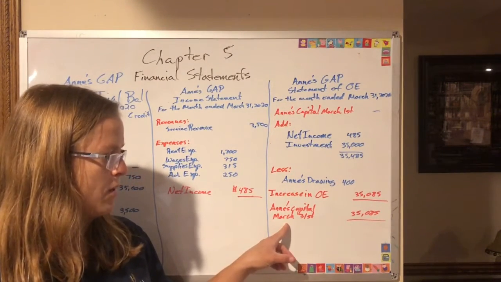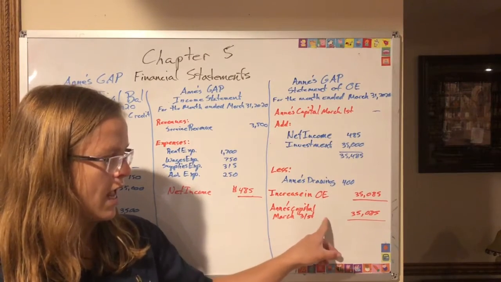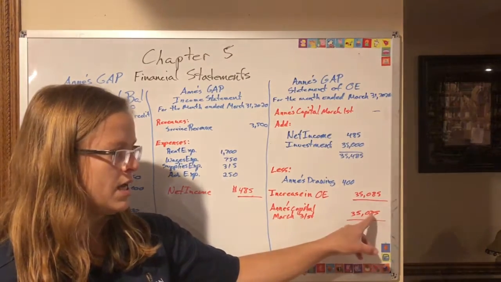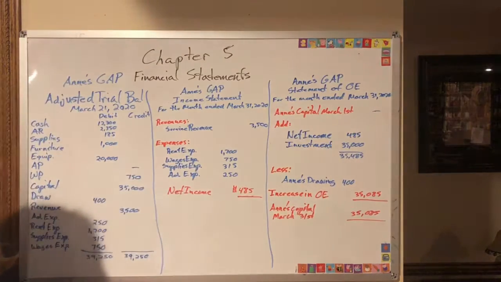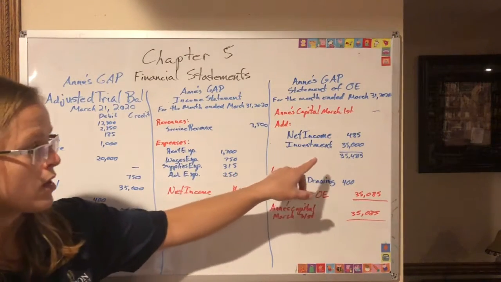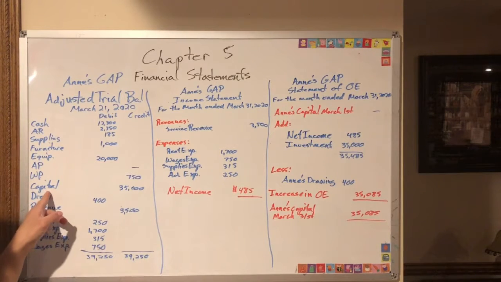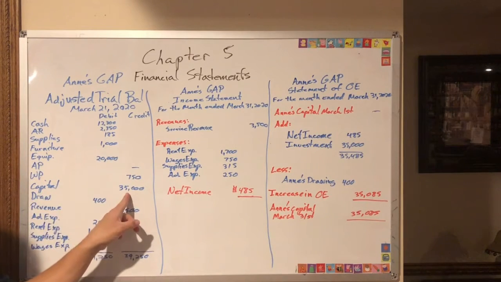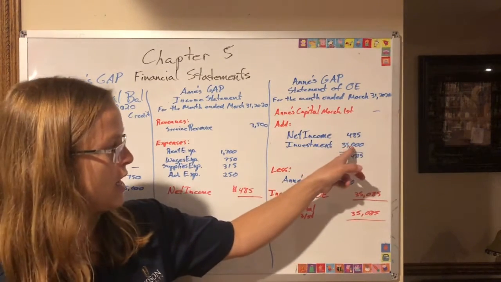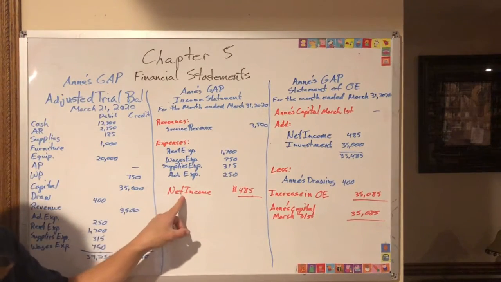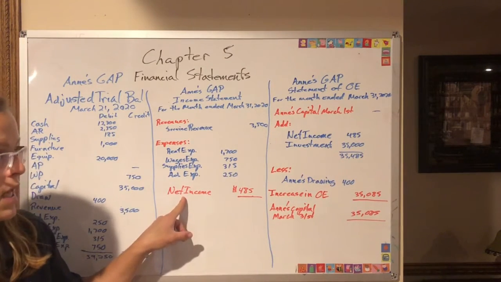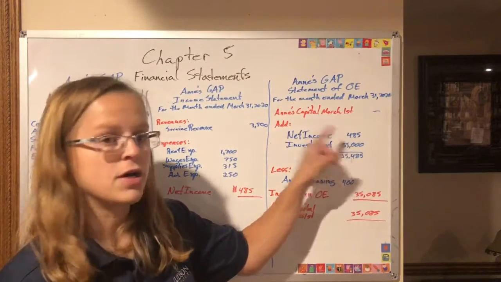So Ann's capital as of March 31st, again, is $35,085. So again, we take her investment from the adjusted trial balance under capital, $35,000, and put it here, and we take the net income from the income statement and put it here.